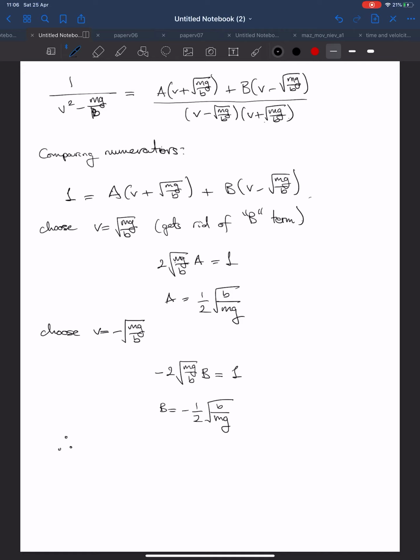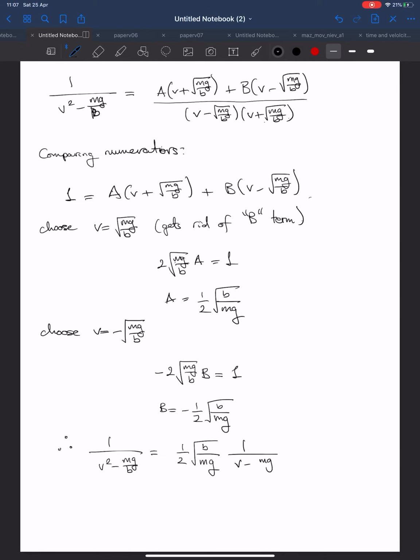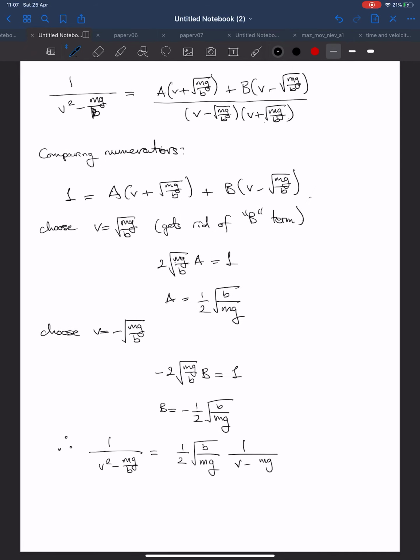So now we have exactly what we need, because we can integrate the linear factors. We have this left-hand side, 1 over v squared minus mg over b, is this. Just a second, I have to remind myself what the original expression was. So v minus, and then I have the square root in the denominator.